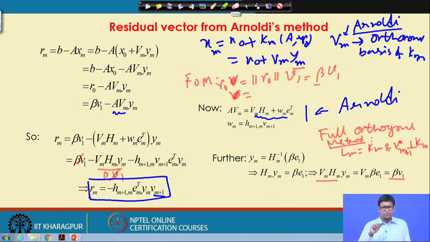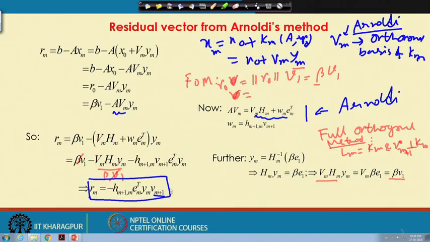Sorry, residual is not orthogonal, residual is parallel, the residual is along the next basis of Krylov subspace. So, residual will be orthogonal to the previous basis. I am sorry. Residual R m is along V m plus 1, where V m plus 1 is the m plus 1th basis of Krylov subspace. Mth residual is in the direction of m plus 1th basis of Krylov subspace. That is the finding.